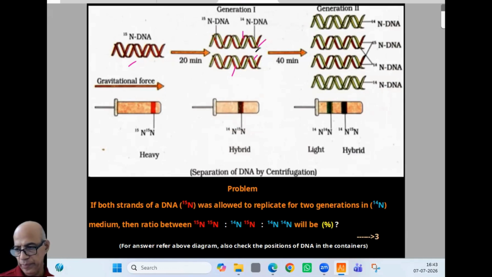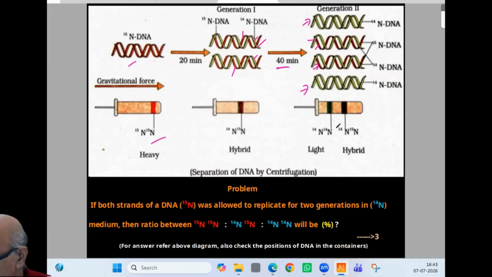So in the first generation, we can find in a double-stranded DNA, one strand is N15, one strand is N14. Now again, it is allowed to replicate, 20 more minutes, so total 40 minutes. Second generation, we can find this green will get another green, so completely N14. This red will be retained as red and a green will be added, so N14 and N15. Again, same with here also. And here both strands are N14.